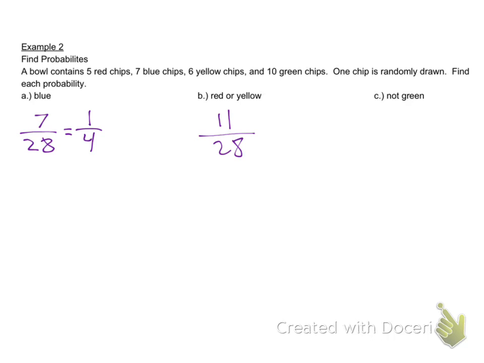What if I said not green? How many of them are not green? Well, if green is 10 of them, there's 28, so 18. So it'd be 18 out of 28, and I think that can be reduced. Divide by 2. So 9 out of 14, you have a 9 in 14 chance of pulling a non-green chip.